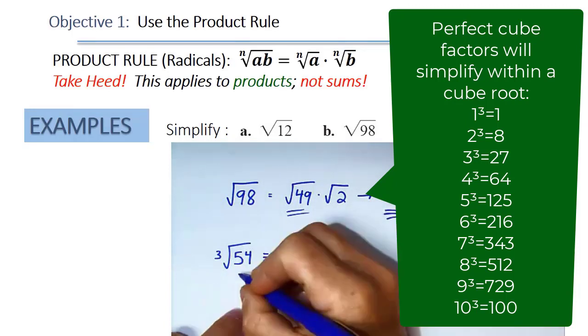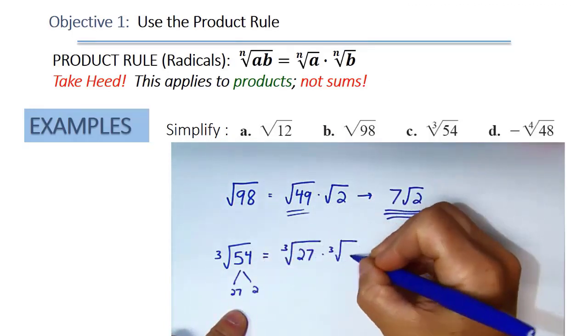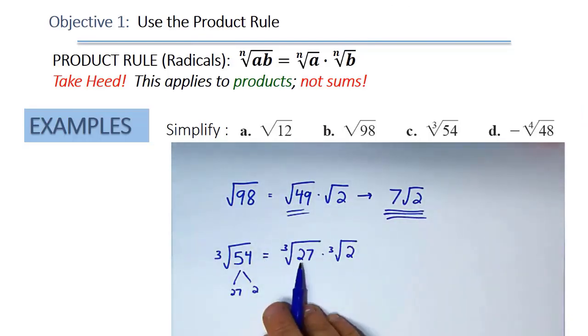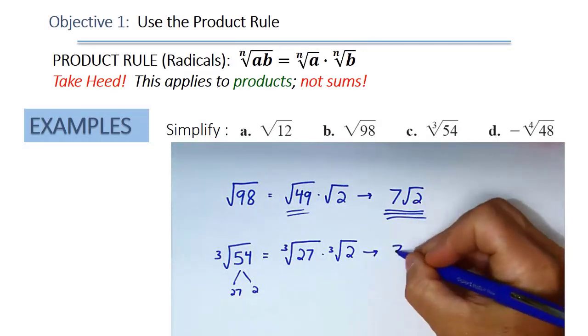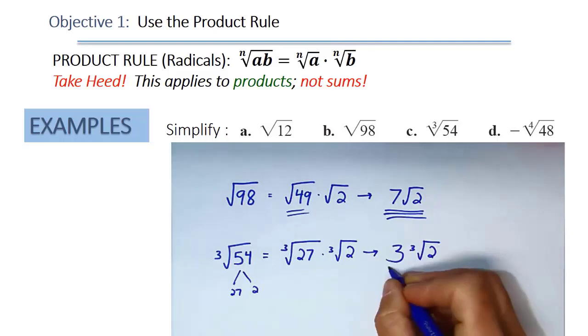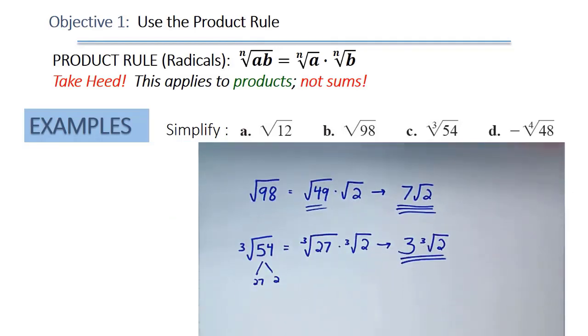Well, 54 is 27 times 2, and so the other factor will be the cube root of 2. But we do that because we know what the cube root of 27 is. That's equal to 3, and so we end up with 3 times the cube root of 2, and we've got it simplified. Be careful, common mistake is to lose your index on these. So make sure that when you enter these in WebAssign, you include your index.